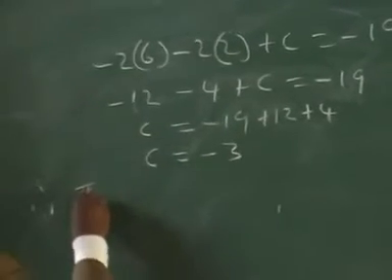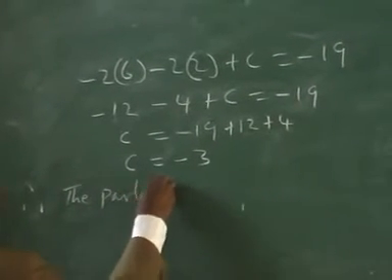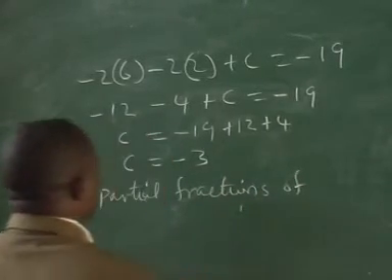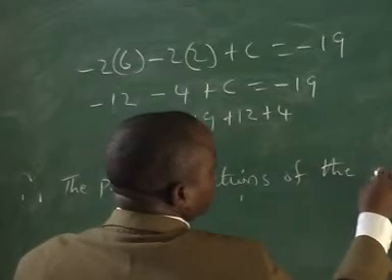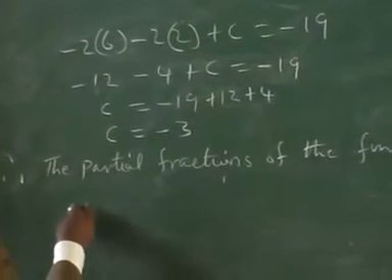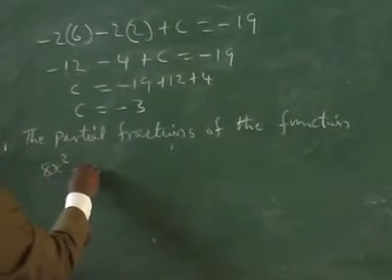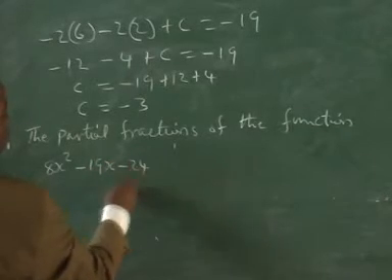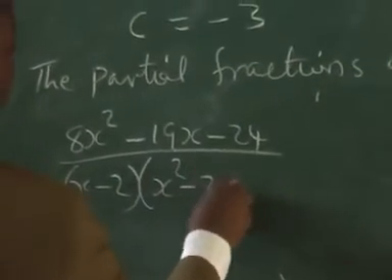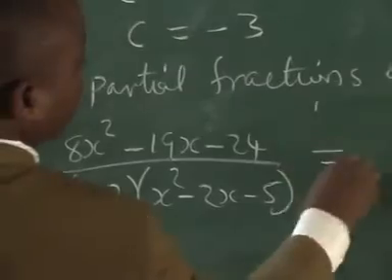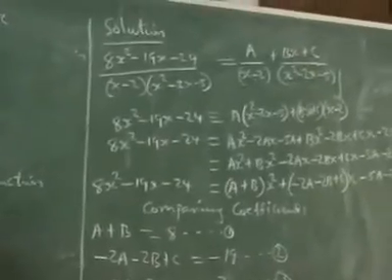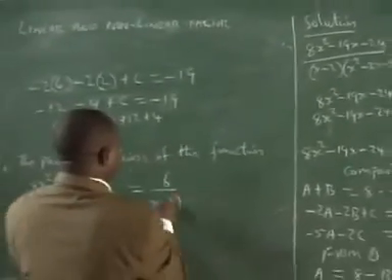Therefore, the partial fractions of the function x squared minus 19x minus 24 all over x minus 2 times x squared minus 2x minus 5 is equal to, in the place of A, our A is 6 all over x minus 2.